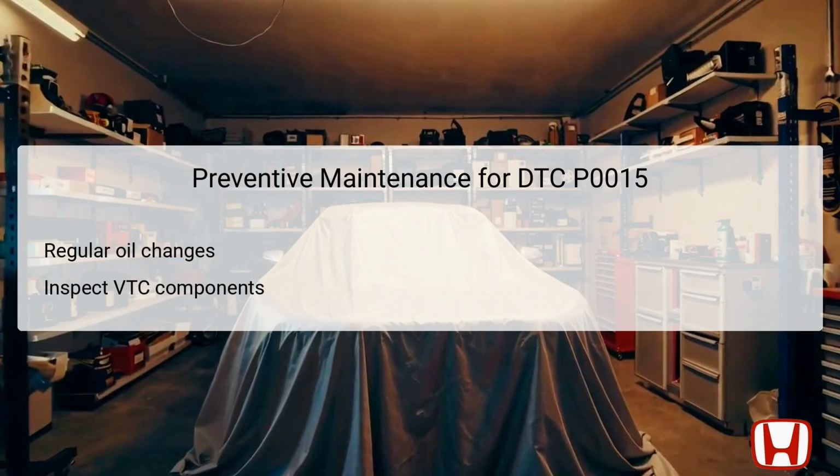Additionally, routine inspections of the VTC components, such as the oil control solenoids and actuators, can catch possible issues before they result in DTC codes. Keeping an eye on the quality of engine oil and the cleanliness of the VTC system oil passages will help maintain the overall health of the engine and improve its performance and longevity.